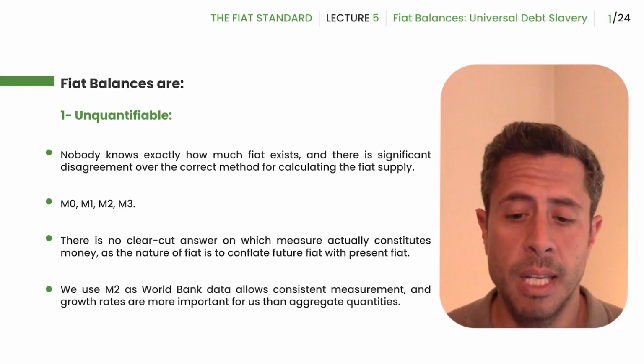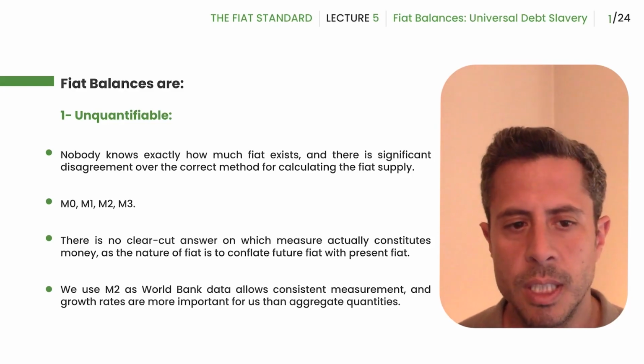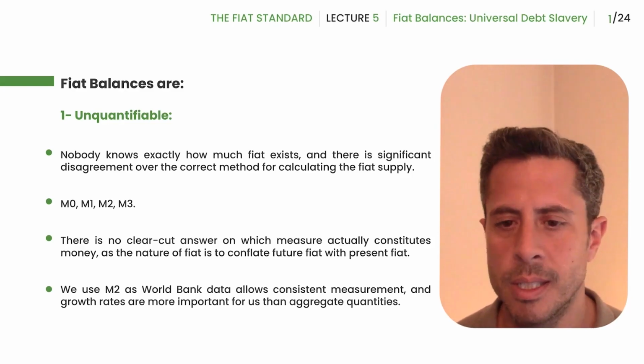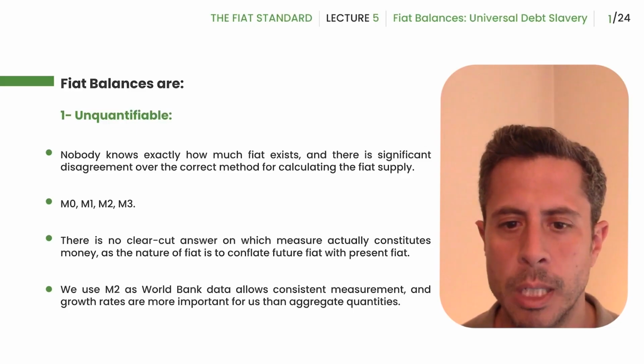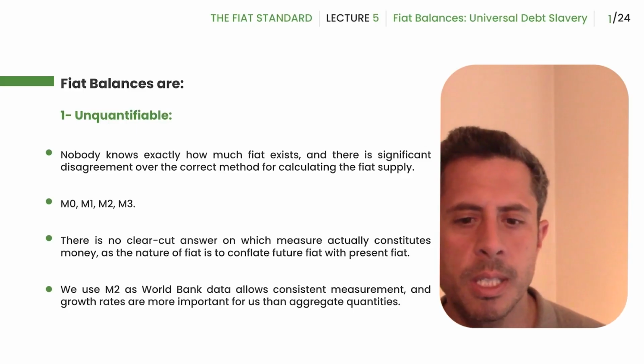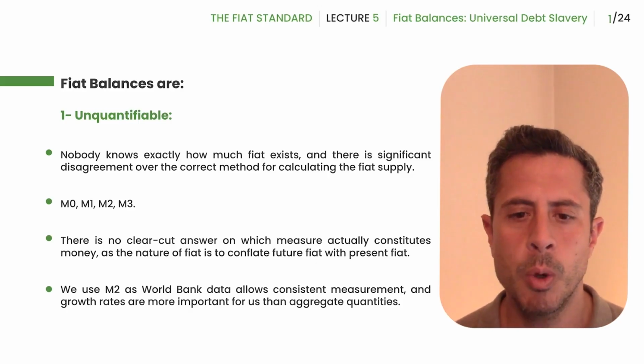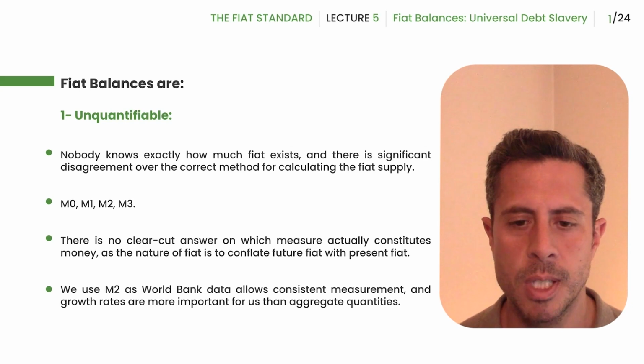So balances on the fiat network are first unquantifiable. Nobody knows exactly how much fiat exists, and there is significant disagreement over the correct method for calculating the fiat supplies. With gold, at least, we can't really count every bit of gold in the world. We never know exactly how much there is, but we know what gold is. It's this physical metal.